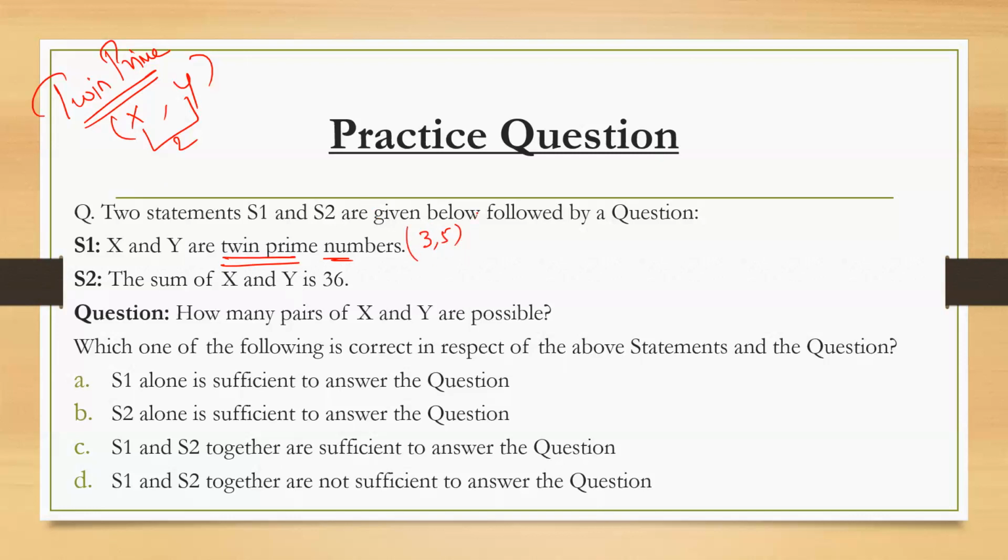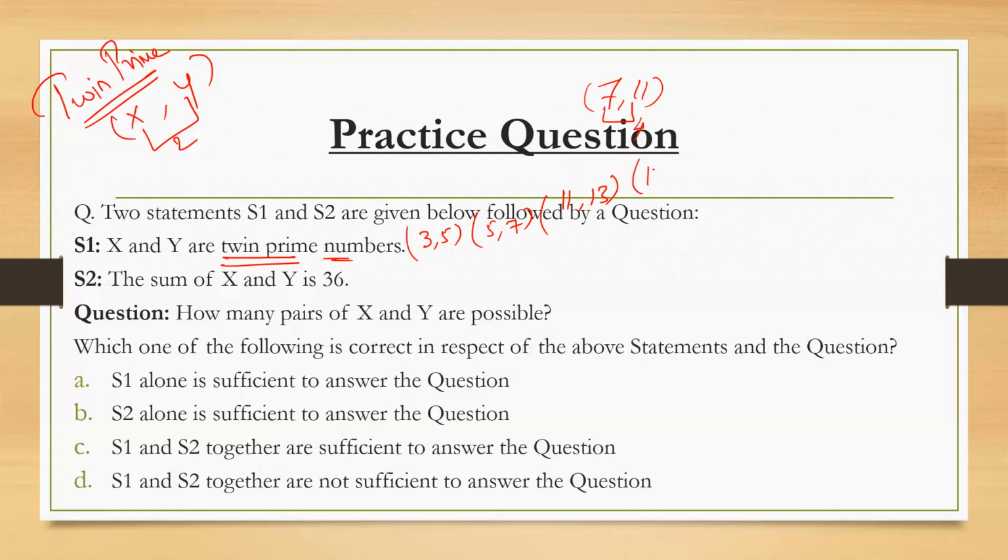Similarly, 5 and 7 is also possible, two prime numbers whose difference is 2. Similarly, 11 and 13 is possible. 7 and 11 is not possible because the difference between 7 and 11 is 4.